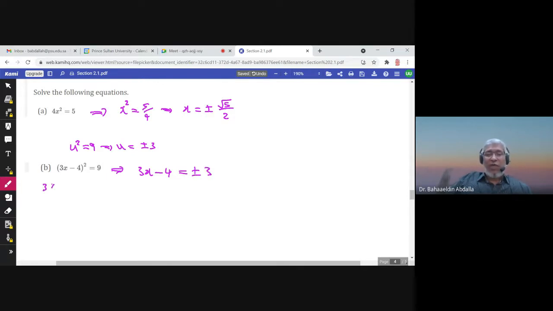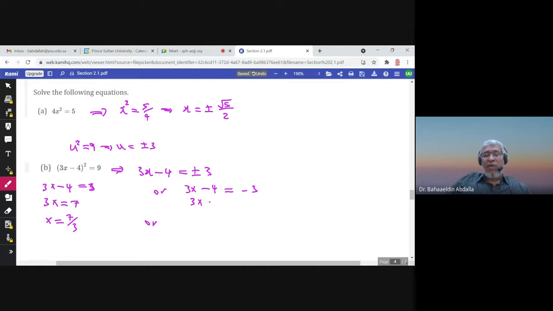So I have two cases. Either 3x minus 4 is 3, or 3x minus 4 is negative 3. And you have two linear equations. You can solve them and find the values of x, taking 4 to the other side and dividing by 3. The first solution is 7 over 3.